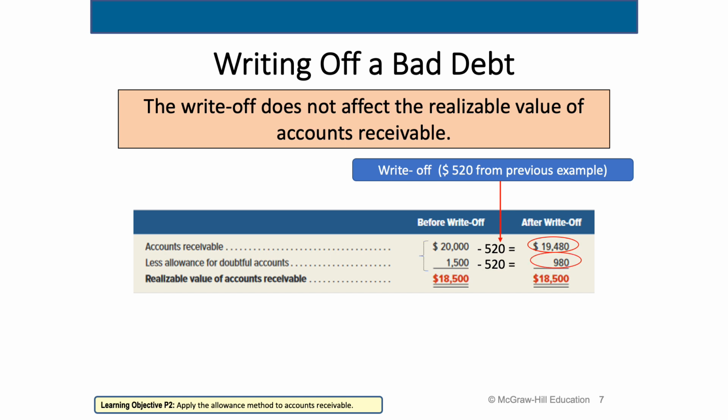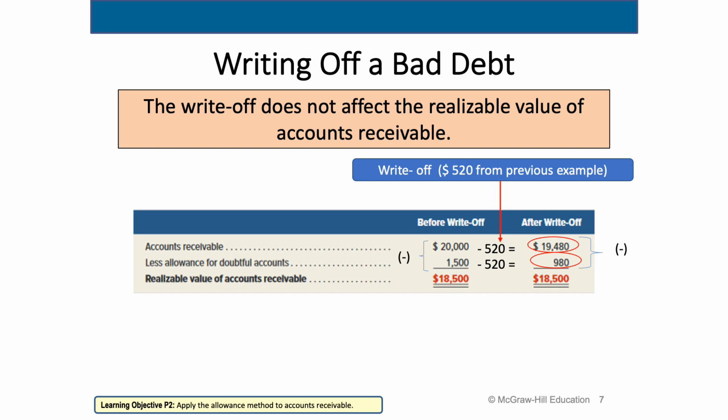Now remember, if I say 20,000 minus 1,500, the net accounts receivable will be 18,500. After the write-off, if I take the accounts receivable minus the allowances after the write-off, you can see that the net accounts receivable is still 18,500.